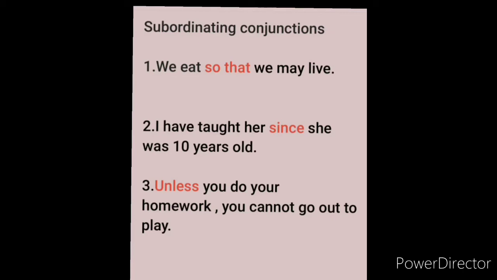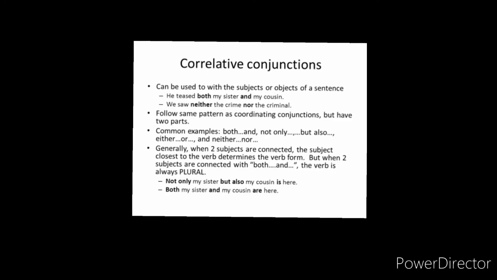Now let's move forward and learn correlative conjunctions. Students, correlative conjunctions can be used with subjects or objects of a sentence, and they follow the same pattern as coordinating conjunctions, but they have two parts, like both and, not only but also, either or, and neither nor.